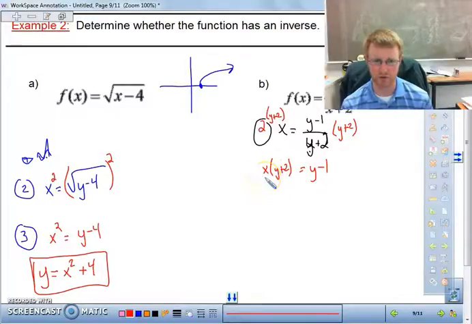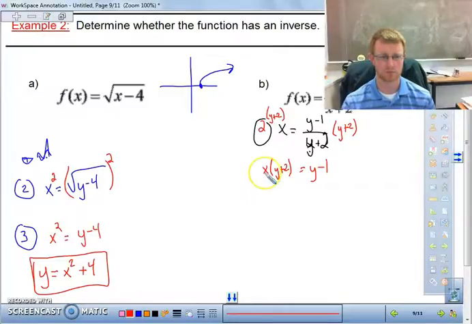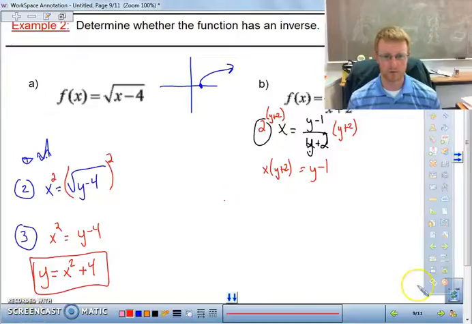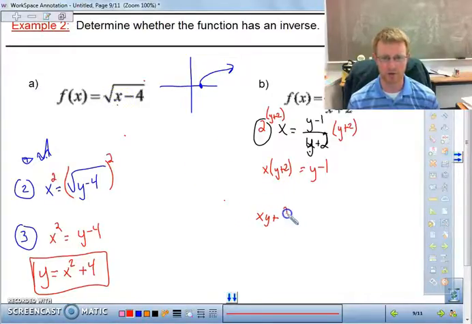So let's multiply through here. So we end up with xy plus 2x equals y minus 1.